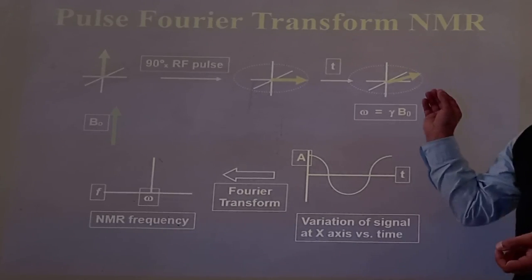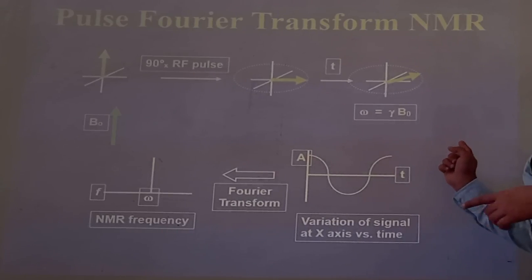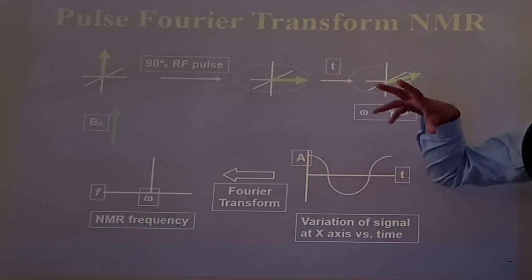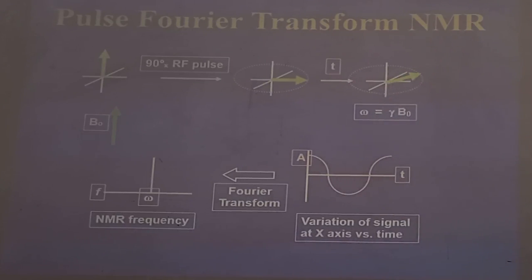So you get the signal when this M0 starts going back to the z-axis, when it starts relaxing back towards the z-axis. That is when the detector starts detecting it and you get an FID. So relaxation is a very important phenomenon in this whole process. If you do not allow these nuclei to relax back, you might not have a signal.